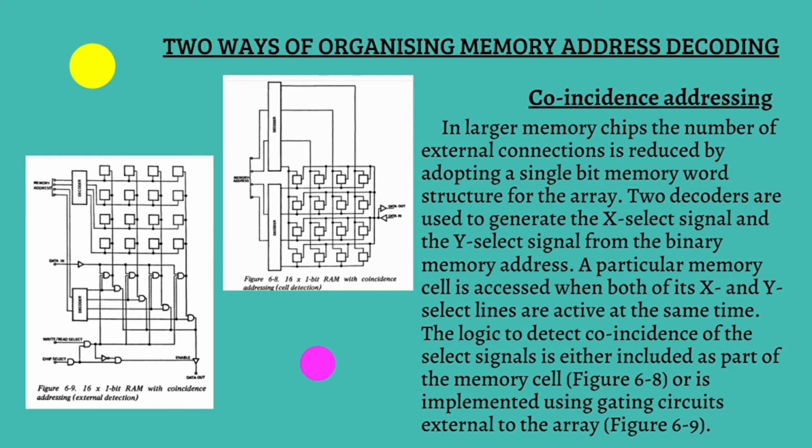A particular memory cell is accessed when both of its X and Y select lines are active at the same time. The logic to detect a coincidence of the select signals is either included as a part of the memory cell, figure 6-8, or is implemented using gating circuits external to the array, figure 6-9.